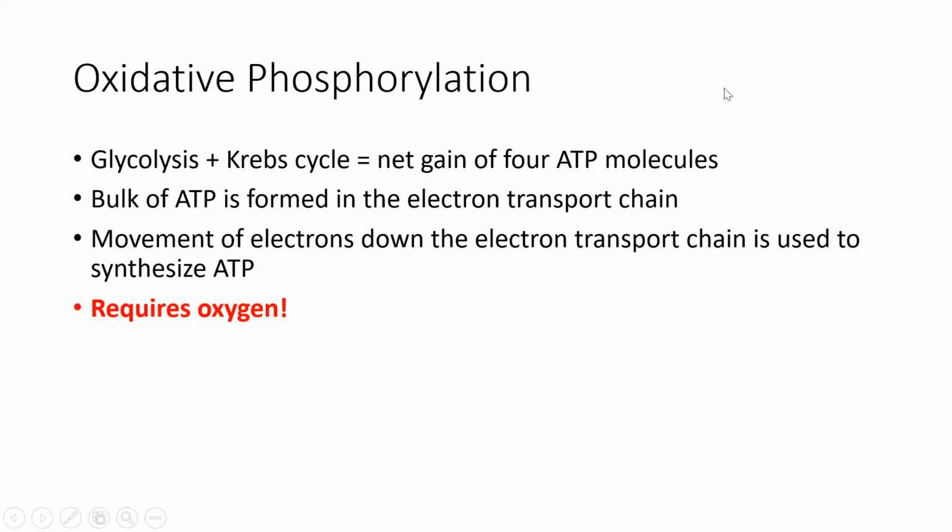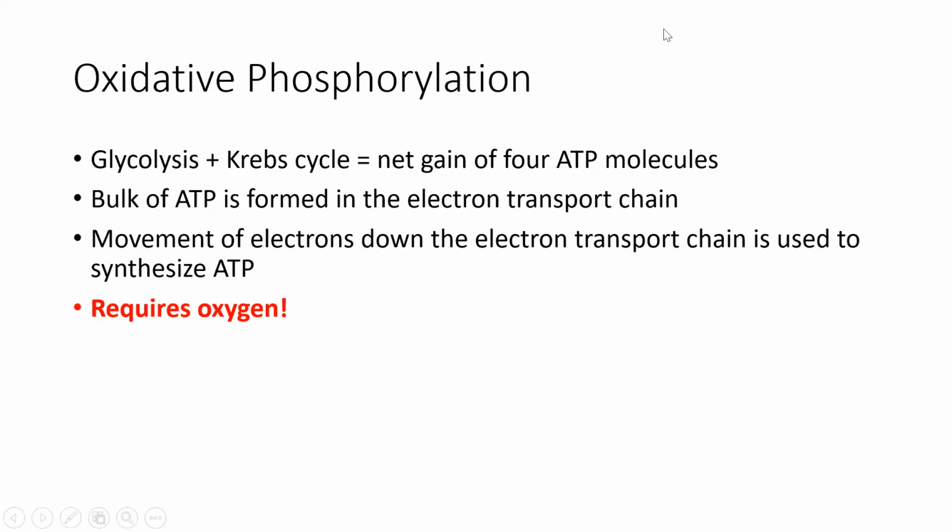So far from that molecule of glucose, we've yielded 4 ATP molecules per glucose, which are coming from glycolysis and from the Krebs cycle. We've also yielded as a byproduct some CO2 as well. And then we've got a bunch of electrons that have been created that are being shuttled to the electron transport chain.